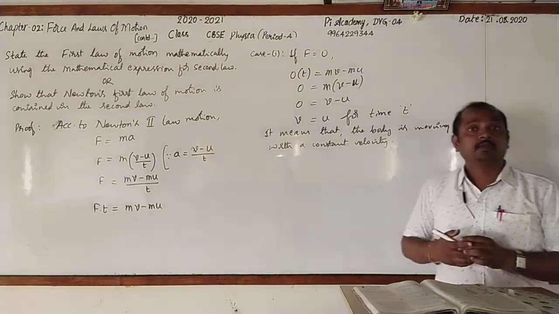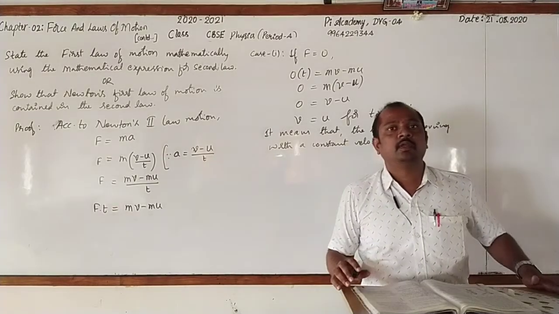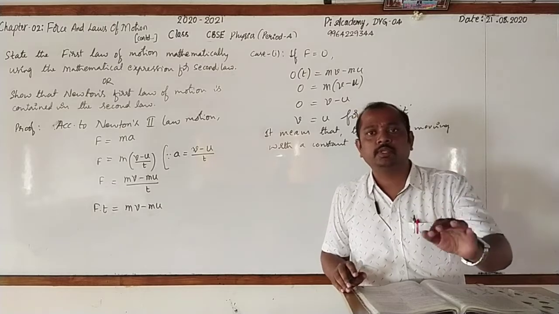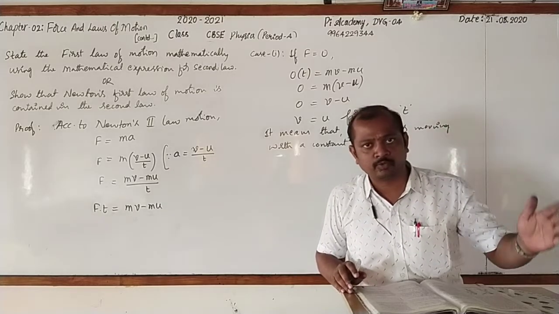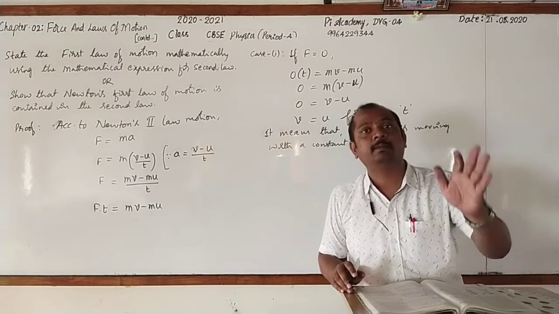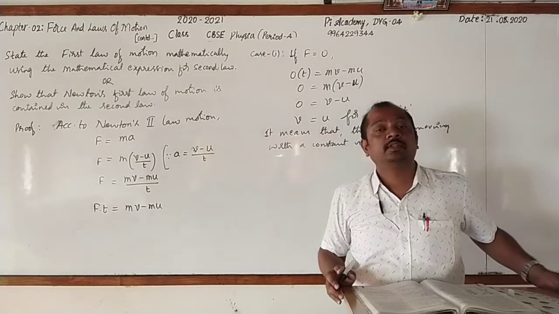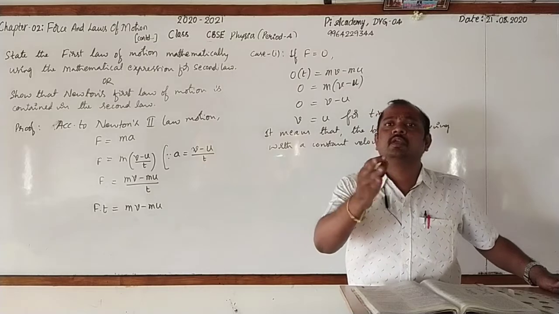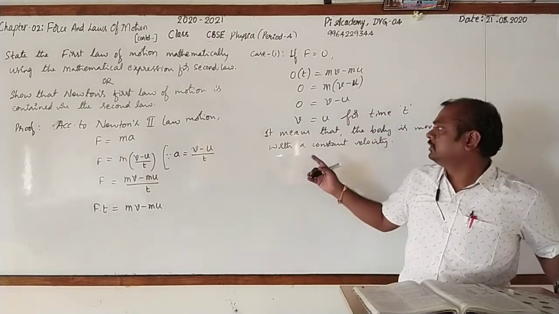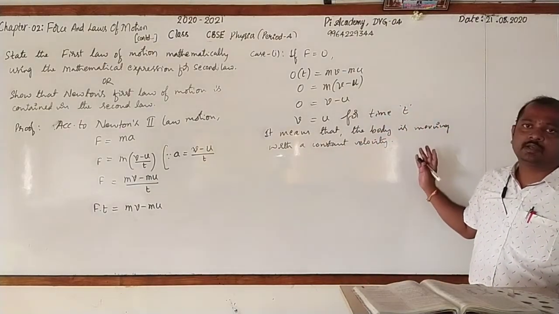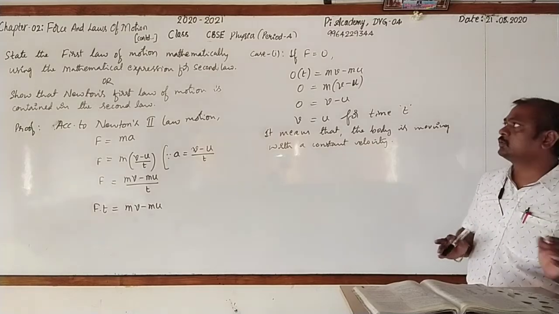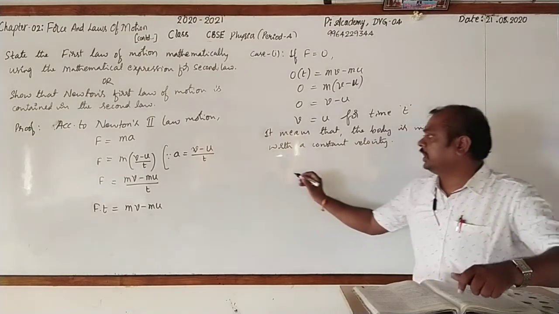See that we have the same statement. A body continues to move in the same state of uniform motion unless it is compelled by an external force. Here, if force is 0, that means we can say that the body moves with a constant velocity. One part is over. Now, we have another case.